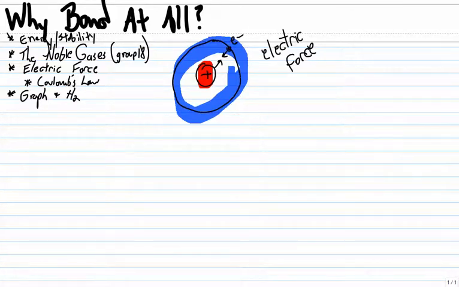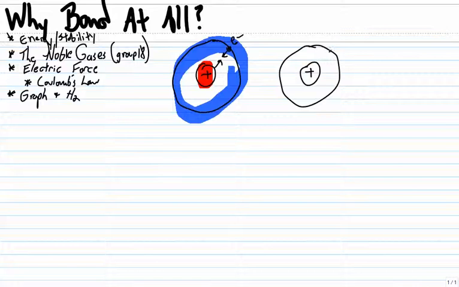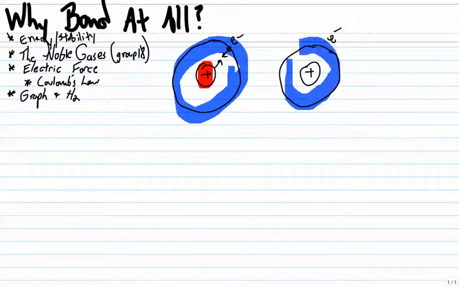So let's say that we've got two of these hydrogen atoms. I've got another one sitting somewhere over here, and it also has an electron going around the outside. Do some shading here, just for the heck of it. There's our proton. So how do these two atoms feel about each other? Well, this positive, we already said, likes his negative. They attract.